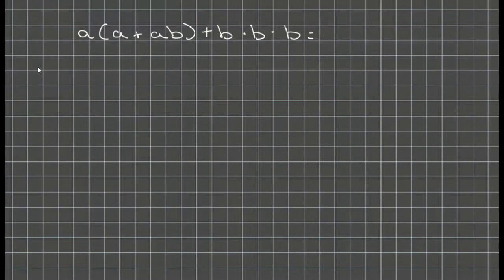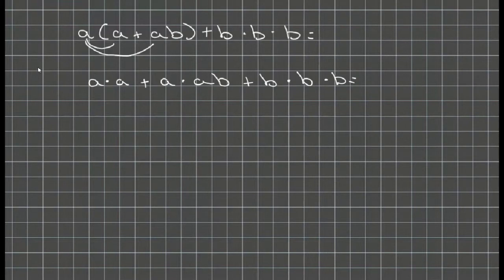These are not the exact same letters. So I have to multiply out the brackets. And I do that by multiplying a with a and a with ab. This is what I get.